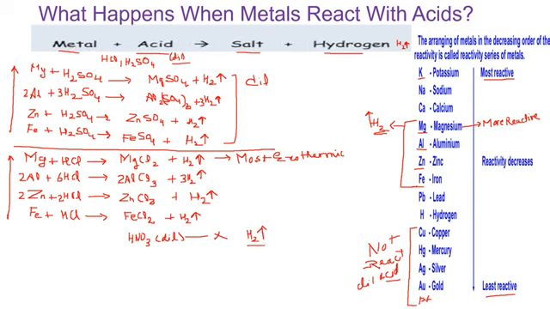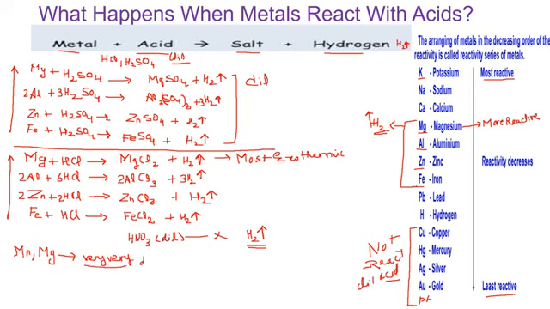Is it possible? No, because there are two metals, that is manganese and magnesium. They are going to react with very dilute acid. Very is an important keyword, students.